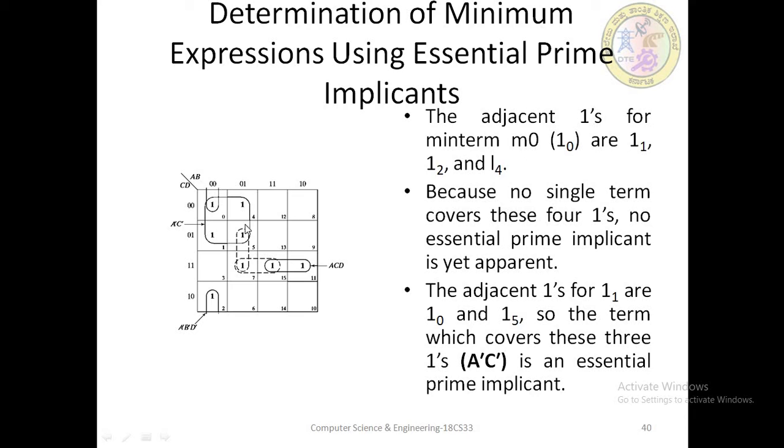Here there is one more example. Adjacent ones for the minterm M0 are M1, M4, and M5, which are present in these cells. Here you can see no single term covers all four ones, so no essential prime implicant is yet apparent.